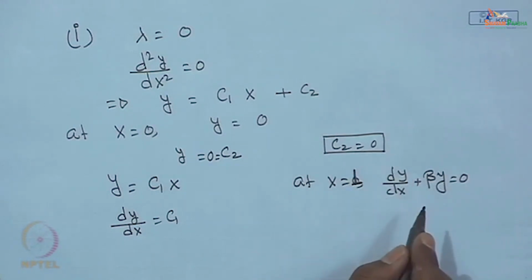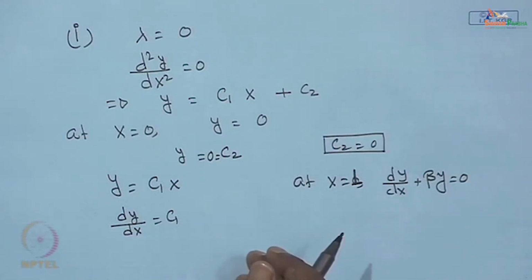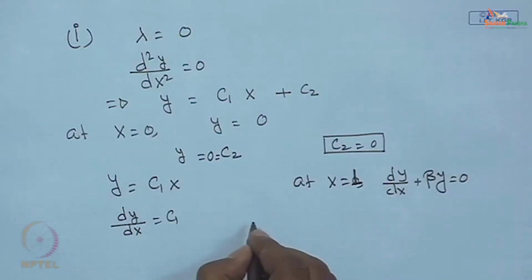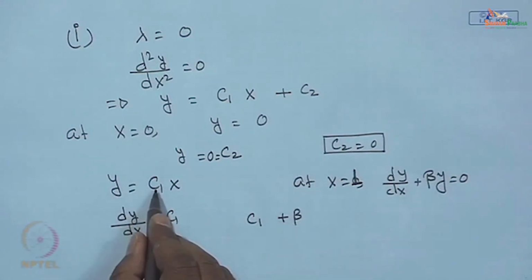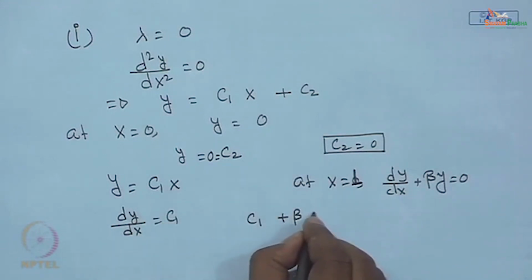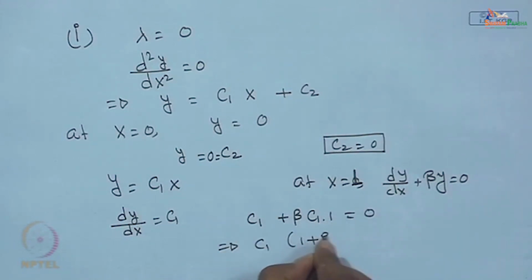The boundary condition is defined on two boundaries, at x is equal to 0 and x is equal to 1. So, this becomes dy dx is C1, plus beta times y evaluated at x is equal to 1. So, this will be beta C1 times 1. So, C1 into 1 plus beta is equal to 0.